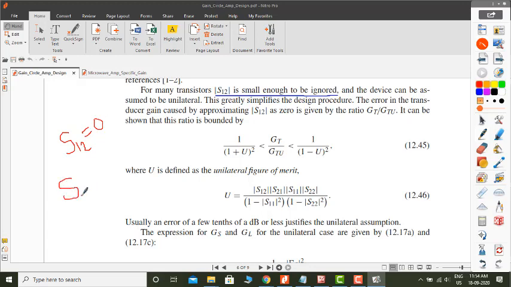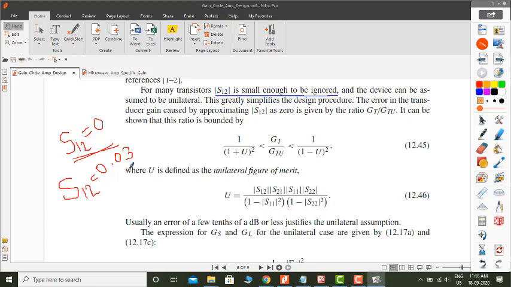Suppose there is one particular active device whose S12 value is, let us say, 0.03. It is negligibly small, where we can approximately make it S12 equals 0. Because of this approximation, we are encountering an error.